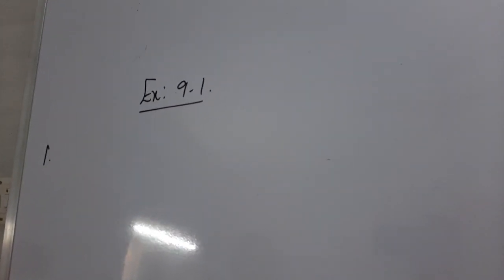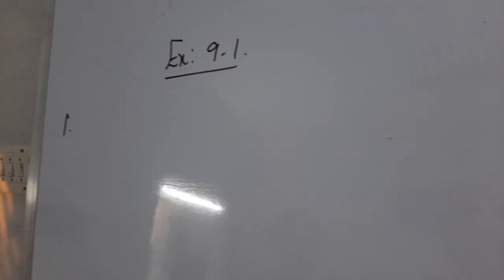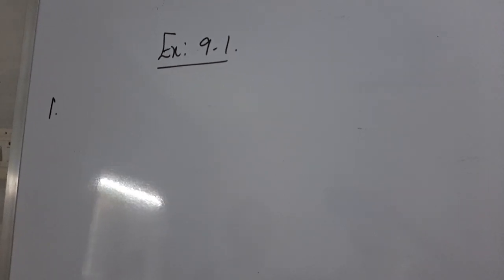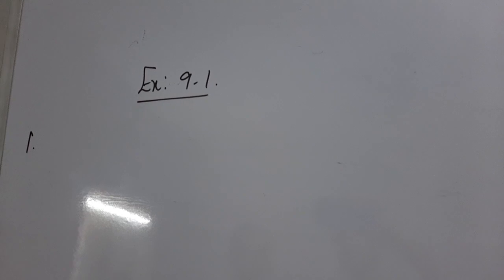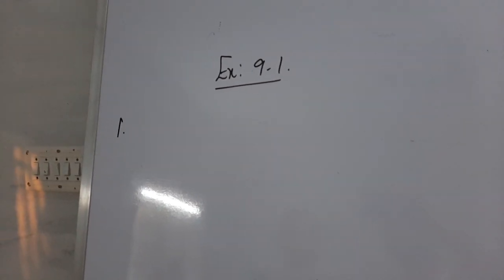Obviously the vertical pole should make 90 degrees to the ground. Find the height of the pole. We need to find out the height of that vertical pole to which the rope is tied. If the angle made by the rope with the ground is 30 degrees, the angle made by the rope with the ground level is 30 degrees.